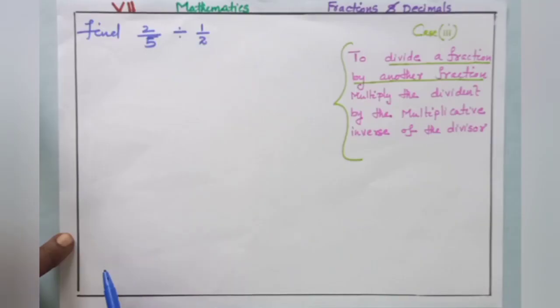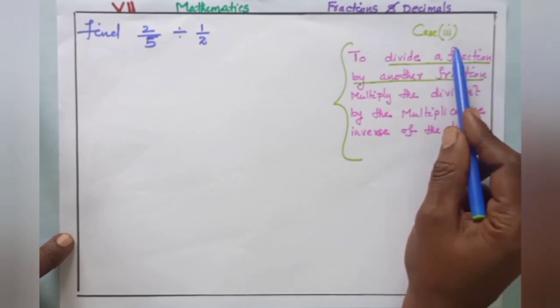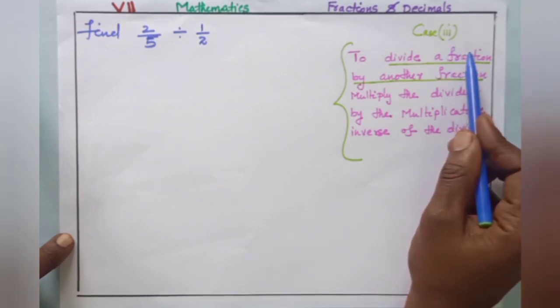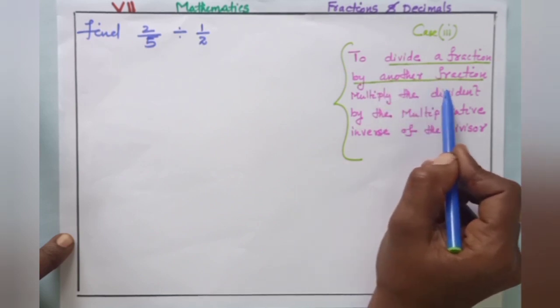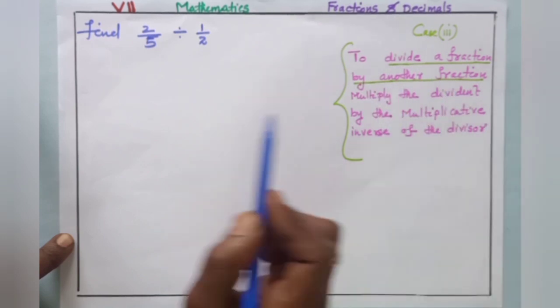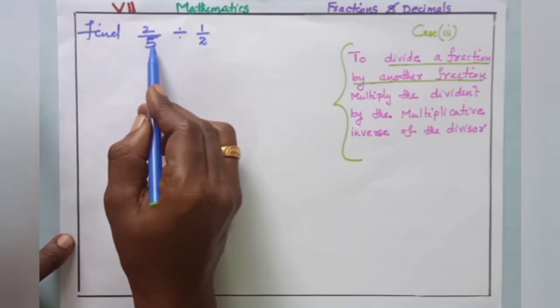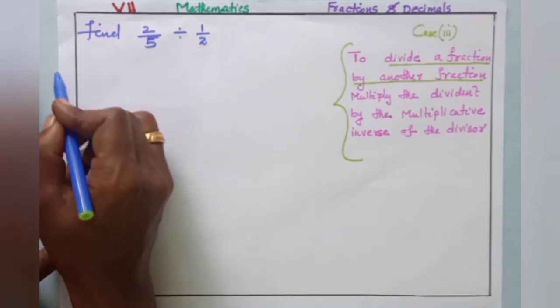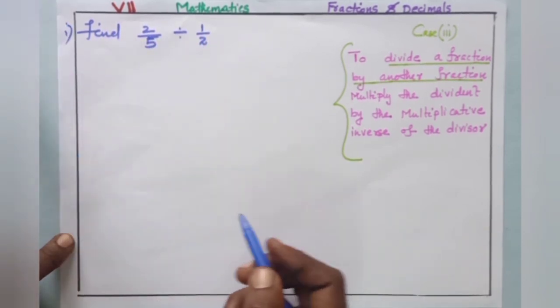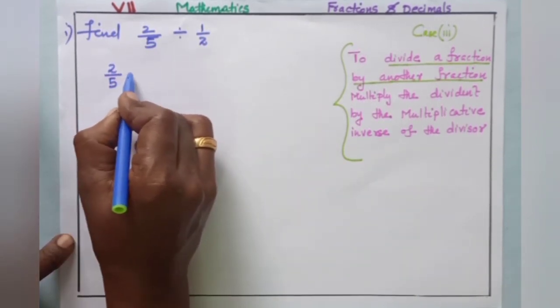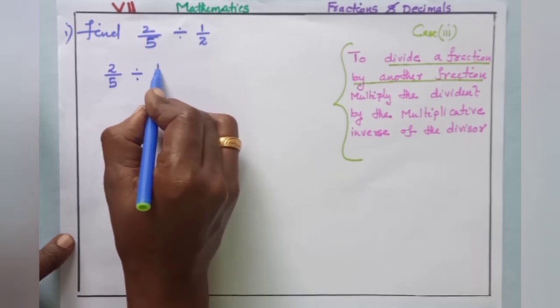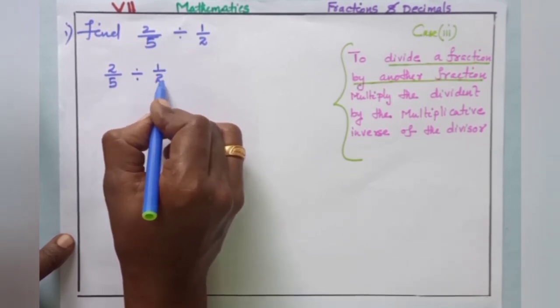Okay students, the next is case 3 model questions. That means to divide a fraction by another fraction. The question is, find 2 by 5 divided by 1 by 2. So here we divide a fraction 2 by 5 by another fraction 1 by 2.